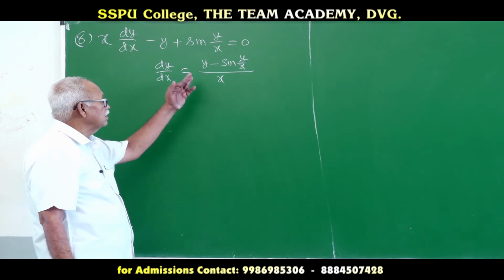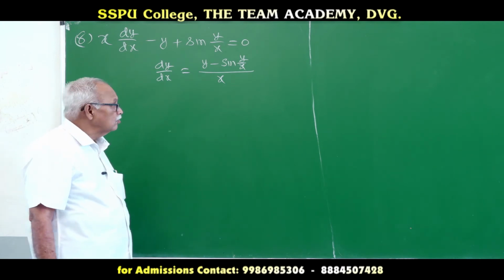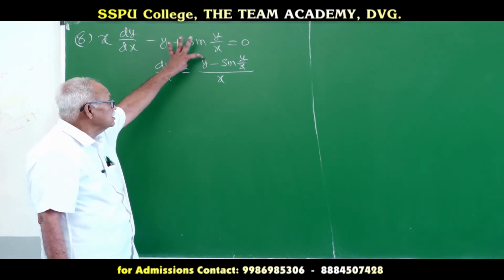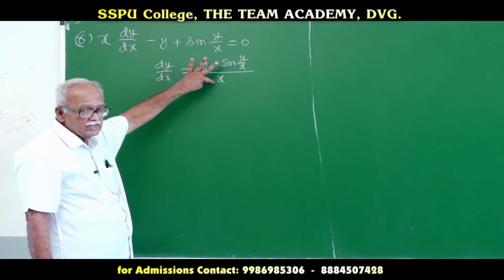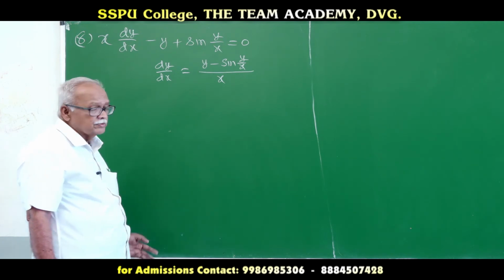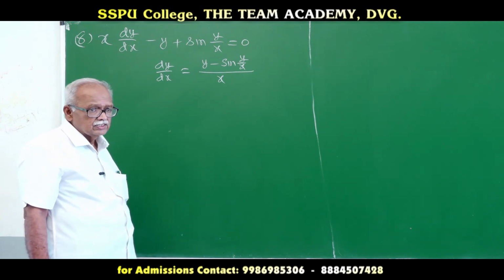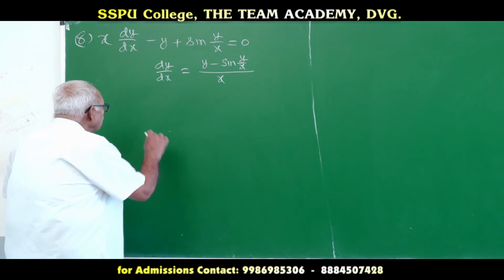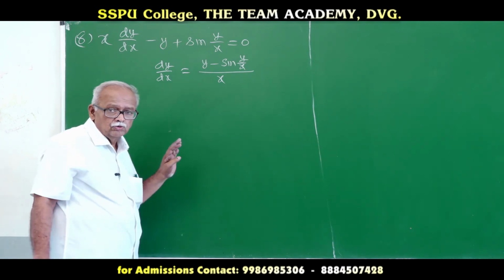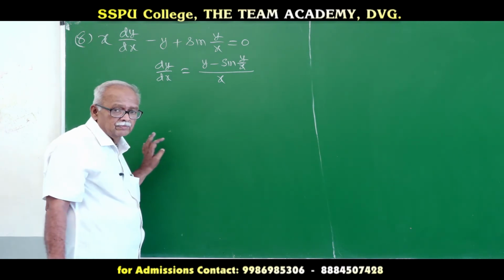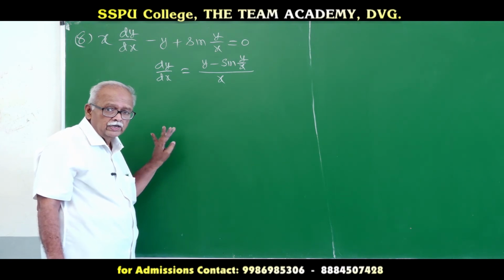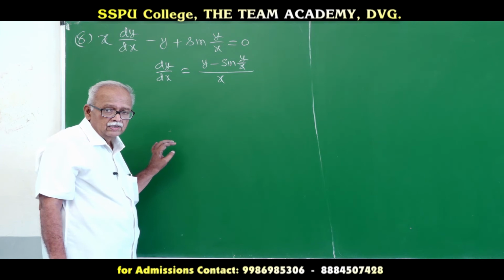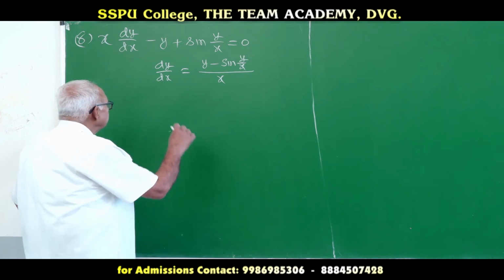Now, this is a homogeneous differential equation because the degree here is 1, here it is 0 degree, this is 1 degree. So, easily we can prove that it is a homogeneous differential equation. So, I will not be doing it, you have to prove it yourself. F of lambda x, lambda y is equal to lambda power n into f of x y, that you have to prove by replacing x by lambda x and y by lambda y.